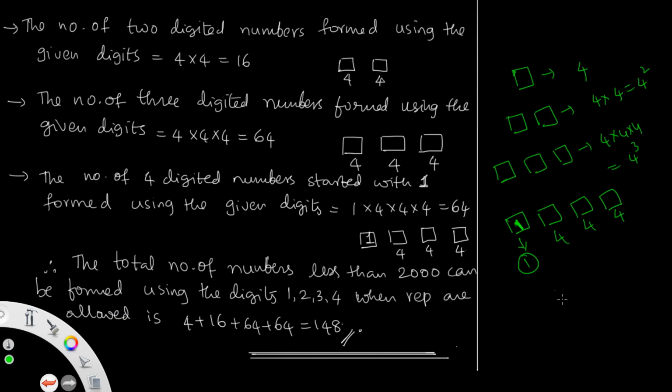So this also gives 4 cube. Therefore 4 plus 16 plus 64 plus 64, then you get 148 numbers. So the number of ways of forming numbers less than 2000 using the digits 1, 2, 3, 4, when repetitions are allowed, is 148 in total.